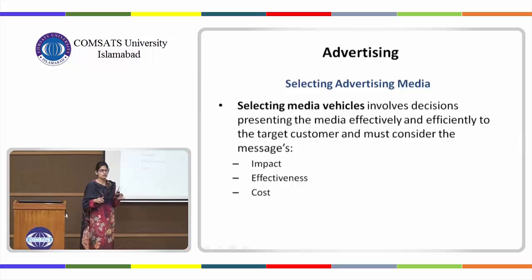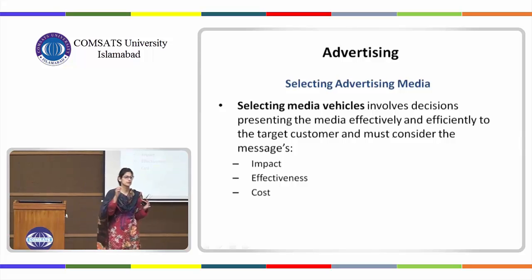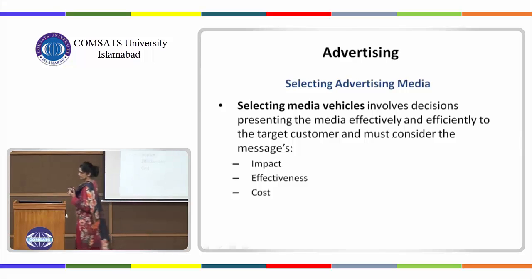So probably for an advertiser, placing your advertisement in a more prestigious magazine would be a good idea if your product is extremely expensive, right? So you need to choose your medium according to the impact that you would want to create, the effectiveness and the cost of the medium.